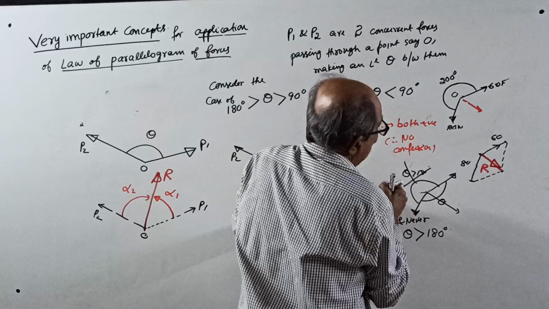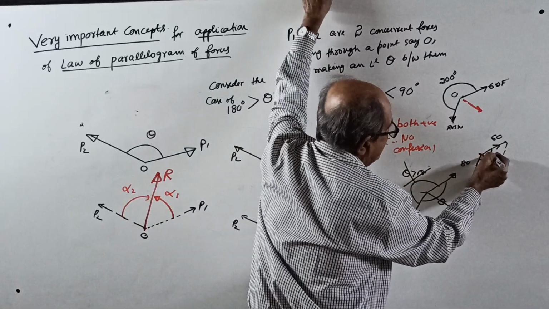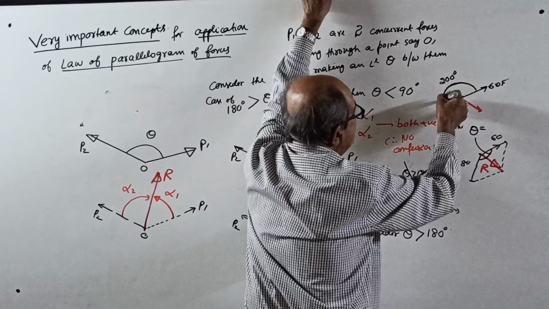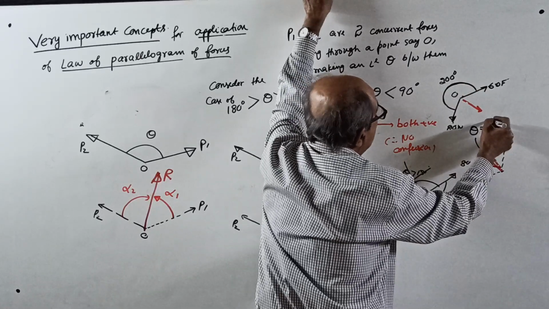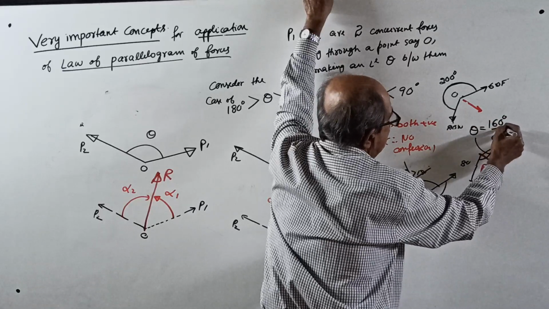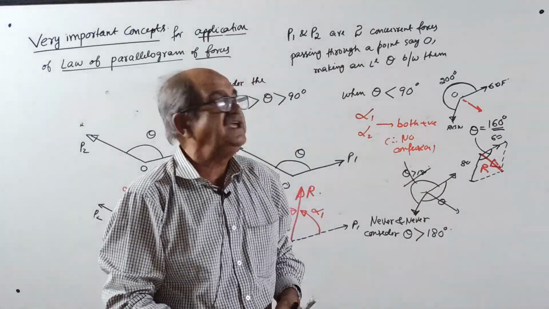This is the resultant. So what you have to do is take this angle as theta. If this is 200 degrees, undoubtedly it is 160 degrees.